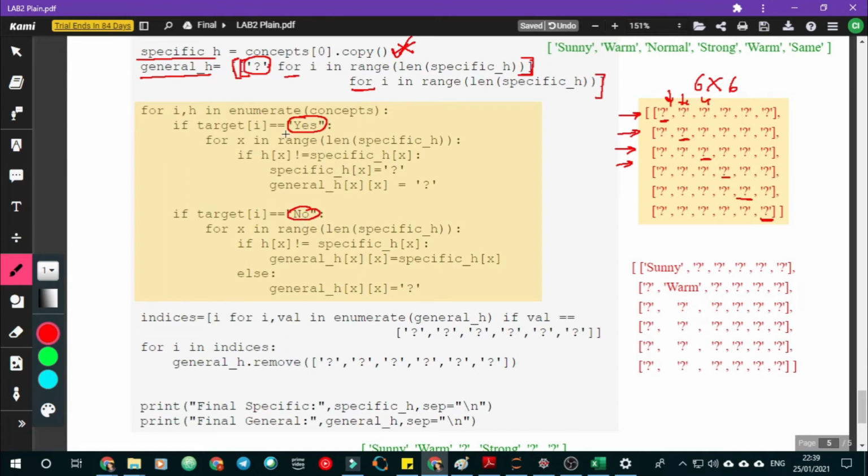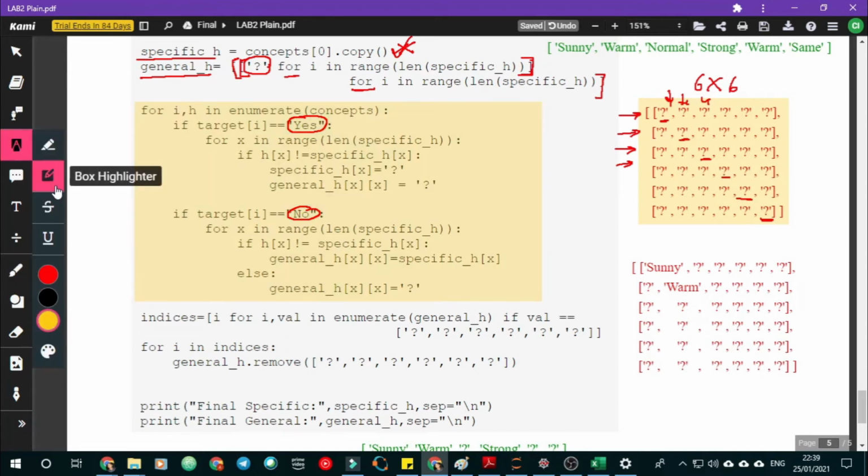When we read the positive examples, again we have to read a specific instance with the help of a for loop. When it is a negative example, again we read the instance with the help of a for loop. Correct? So one is an outer for loop and one is an inner for loop when it is positive, and another is also an inner for loop when it is negative.